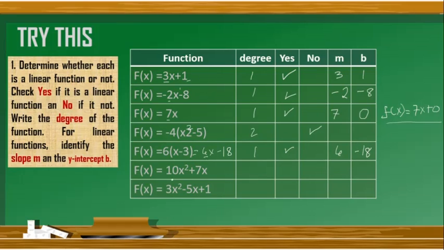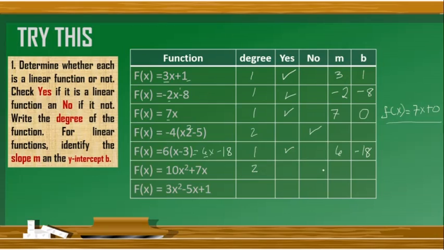Now, next, the second to the last, f of x equals 10x squared plus 7x. What's the degree? The degree is the highest, no? So when you find the degree of a certain expression, you have to look at the highest exponent of a variable. So for this, the degree is 2.